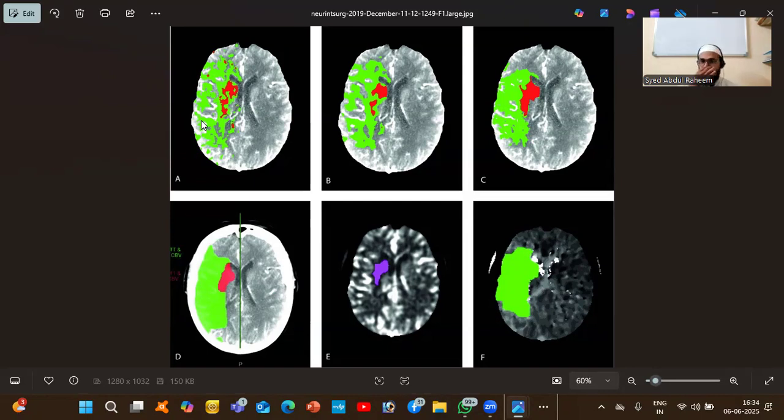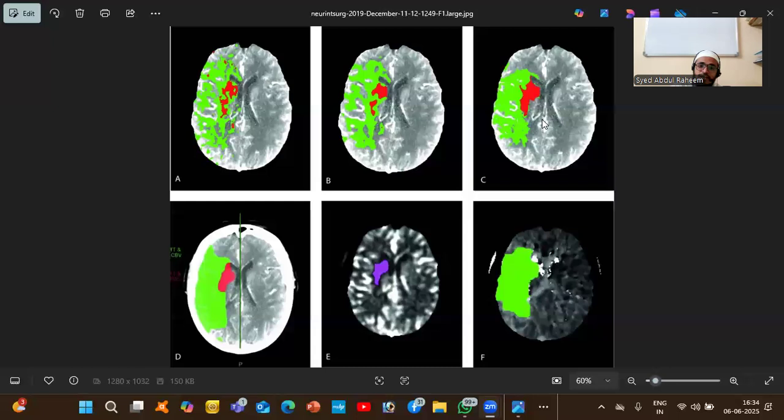This gives an idea whether the person will recover or not, and how much of the brain is affected. So these are the things you will get in CT perfusion.